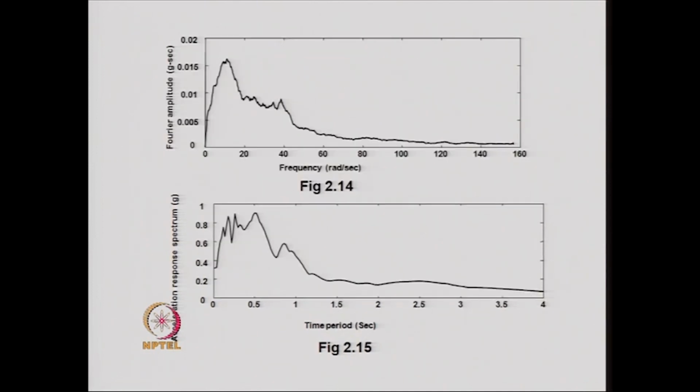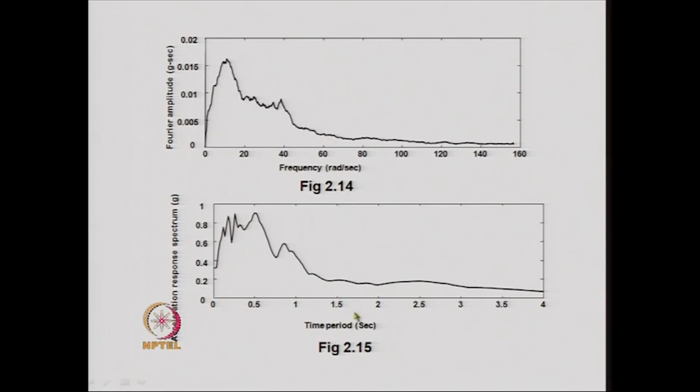The same thing is done for the Fourier amplitude spectrum, where the Fourier amplitude can be obtained against frequency, or also in the form of time period, whereas the acceleration response spectrum, which is plotted over here, is plotted against time period.